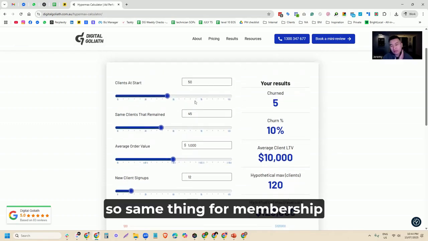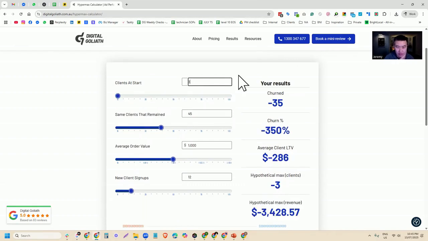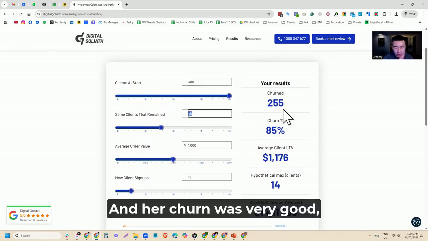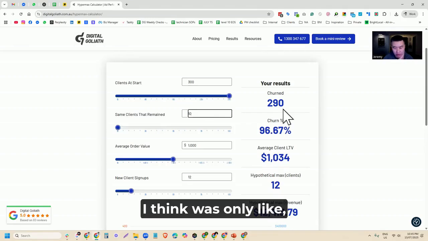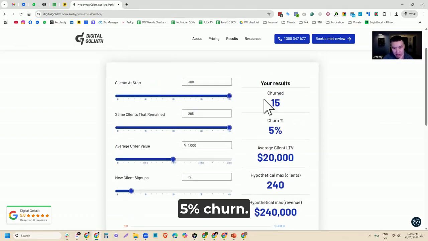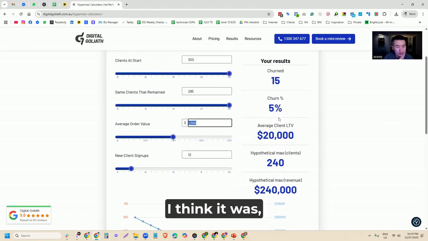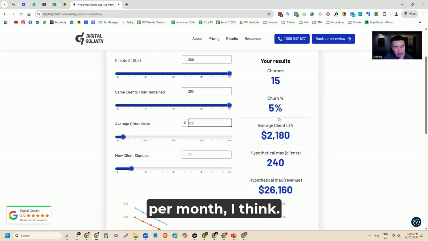Okay. So same thing for a membership business. We're doing this for a client who has about 300 members. And her churn was very good. I think it was only 5% churn. And the order value obviously is a lot less for membership. I think it was $49 per month.